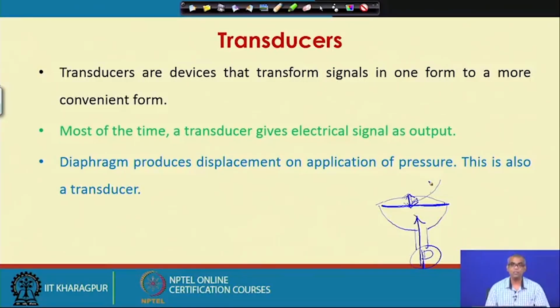So, it is not necessary that the output of the transducer will be an electrical signal, but since electrical signals are more convenient, we will prefer transducers to produce an electrical signal for us. And in common practice we consider that transducer elements will give us an electrical signal as output.